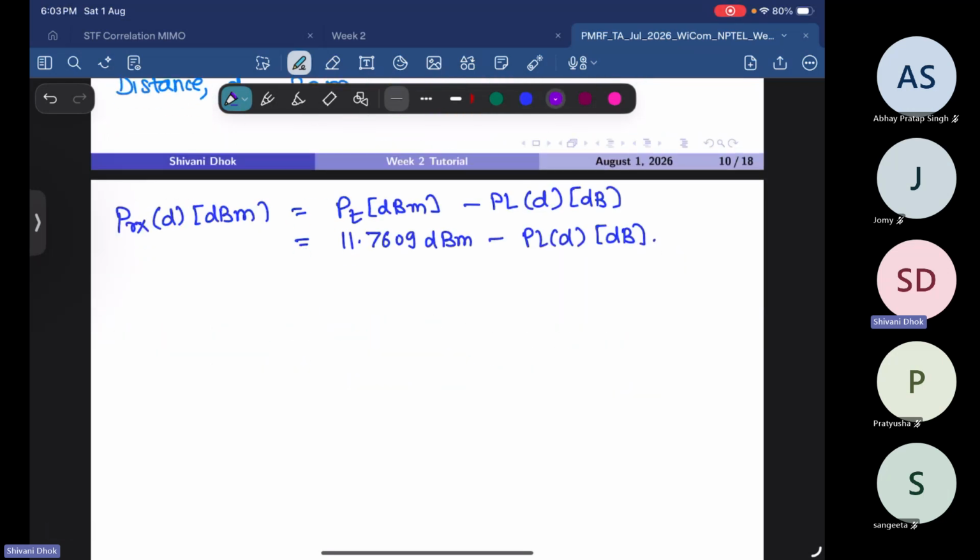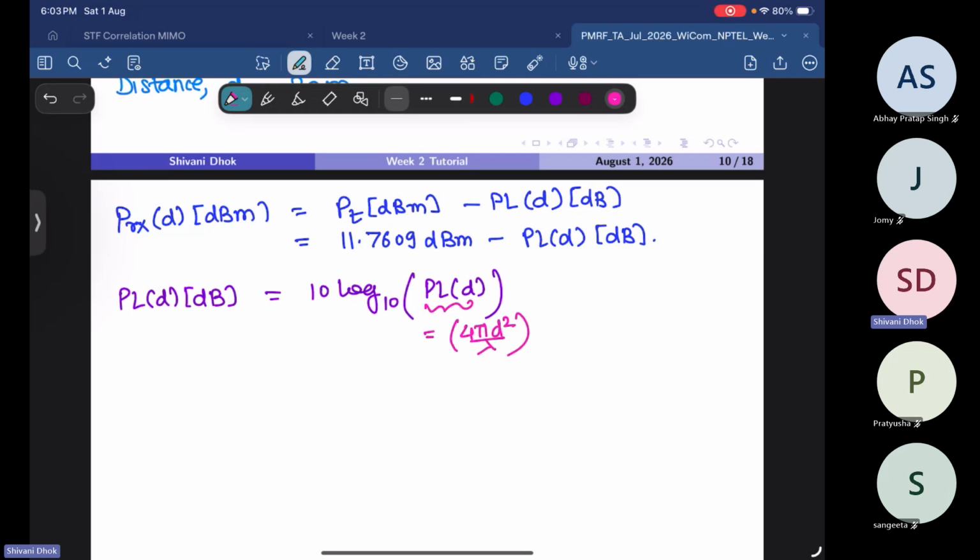So how do you find the path loss? Path loss in dB is equal to 10 log to the base 10 of path loss in linear scale. This quantity is equal to (4 pi d by lambda) whole square, because we are going to use the free space path loss model.